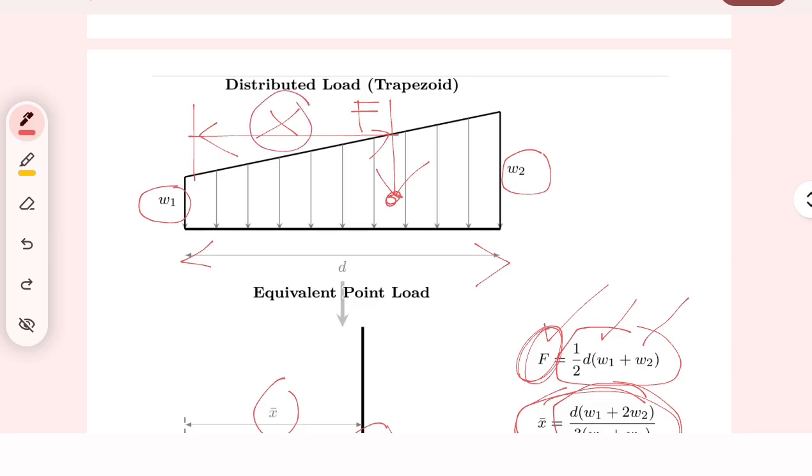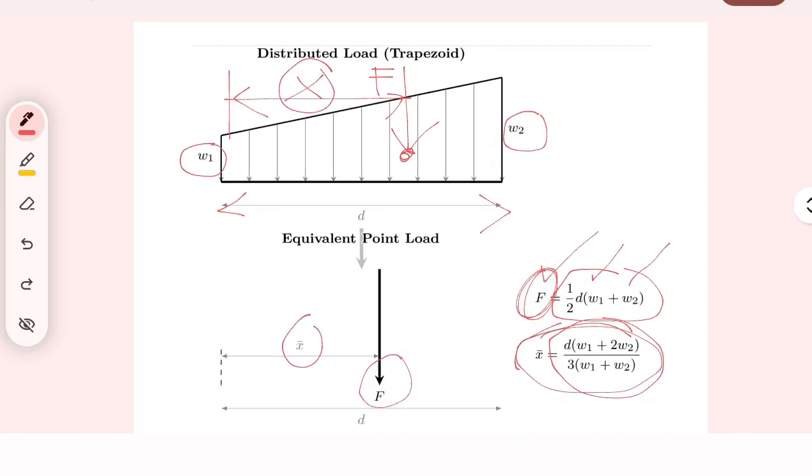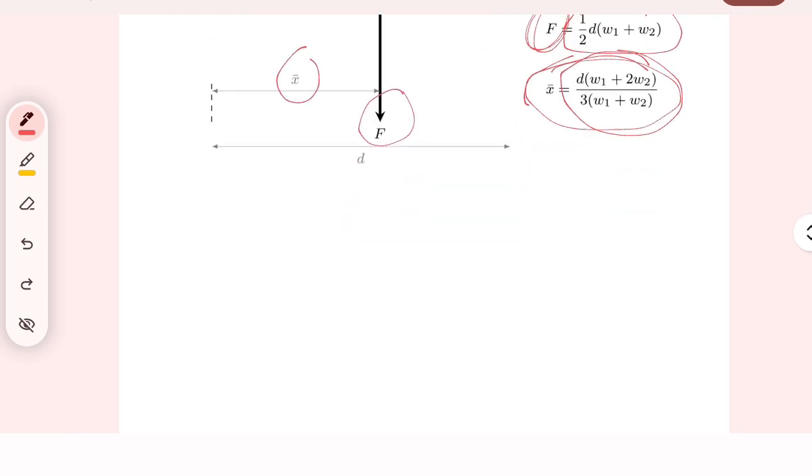So it will be located at an x value from the smaller intensity W. All right?